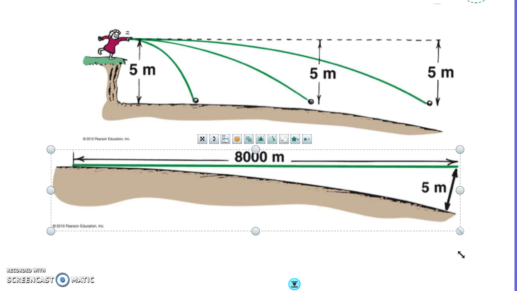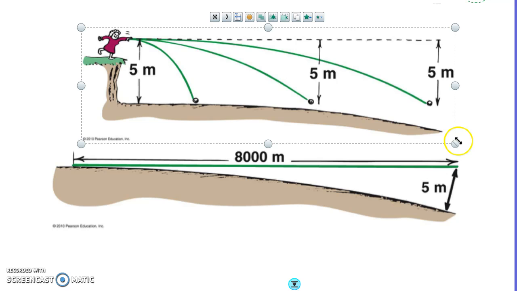So if you could make it go fast enough that it would cover 8,000 meters in the length of time it would take gravity to pull it down 5 meters, which is a little over half a second, then it actually wouldn't fall, because it would fall at the same rate or amount as the Earth's surface.